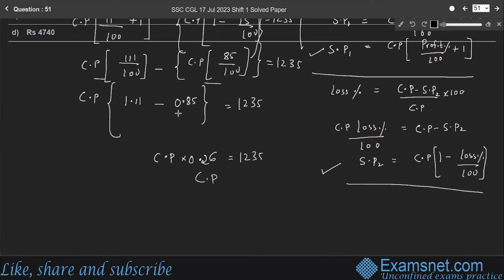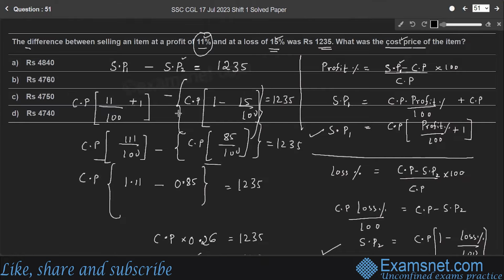Therefore, cost price is 1235, taking 2 zeros here, by 26. Simplify it, 1235 by 26 will give you 4,750 rupees. Therefore, the cost price of the item is 4,750 rupees. So option C is the right answer.